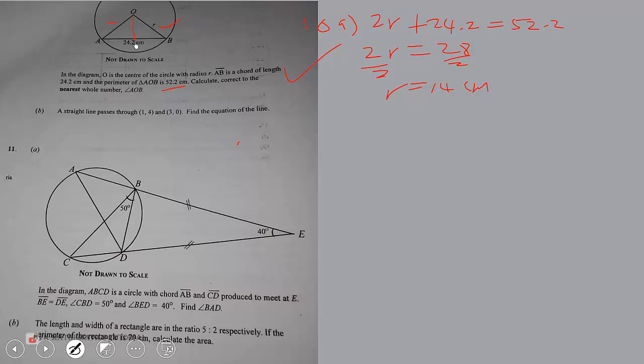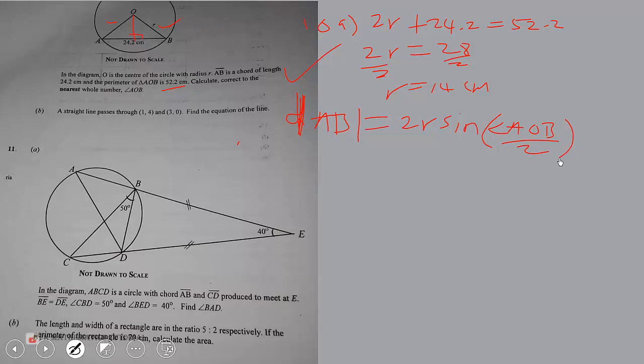Now since r is 14 centimeters, let's use a formula here. The distance from A to B is the length of the chord, and that length of the chord, d, is given by 2r sine theta over 2, which is the sine of angle AOB over 2.